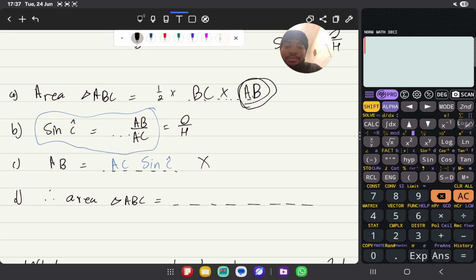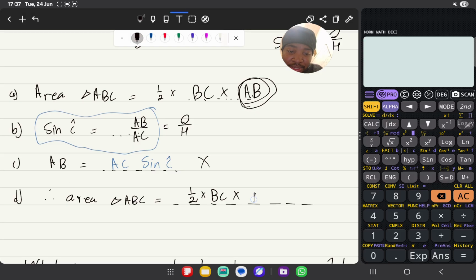So that means the area of this triangle is going to be half multiplied by BC multiplied by AB, but AB is AC times sine C.